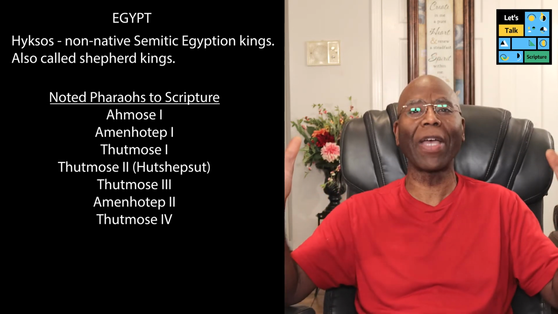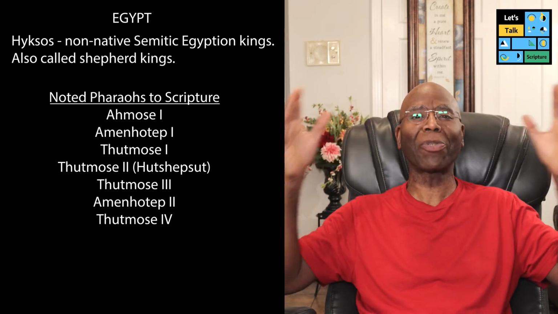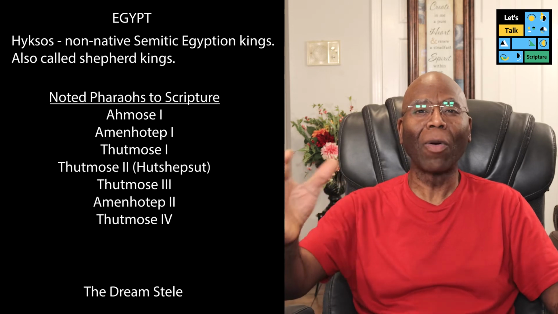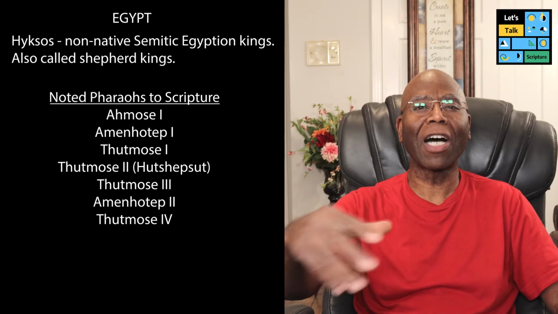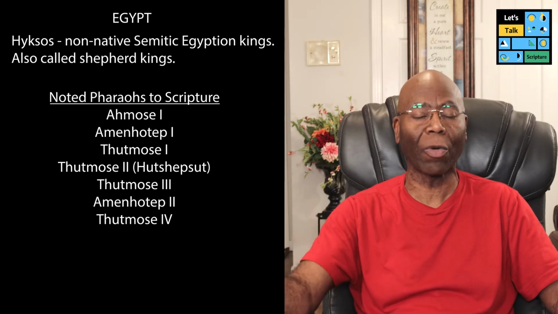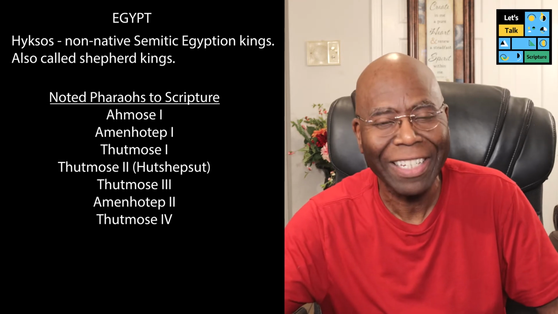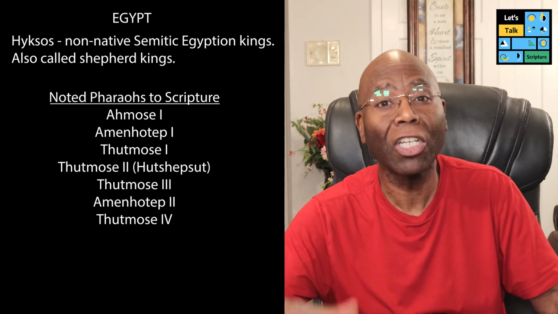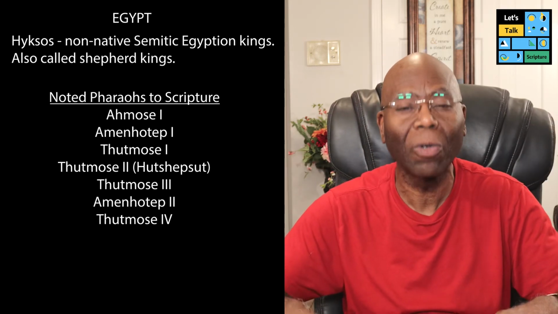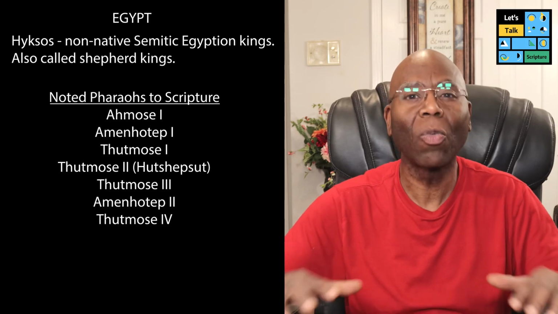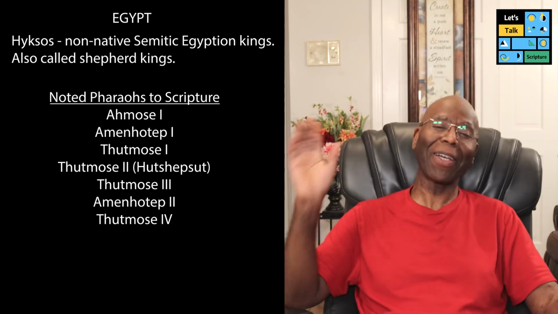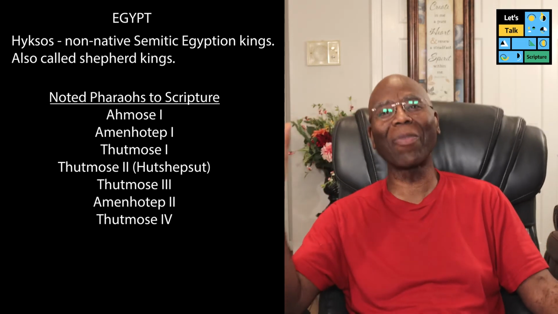And he was the one who said that one of the Egyptians' gods appeared to him in a dream, the dream stele, and told him certain things and how he would become the next Pharaoh of Egypt. He made this story up to legitimize his right to the throne because his elder brother was actually killed in the plagues of Egypt.